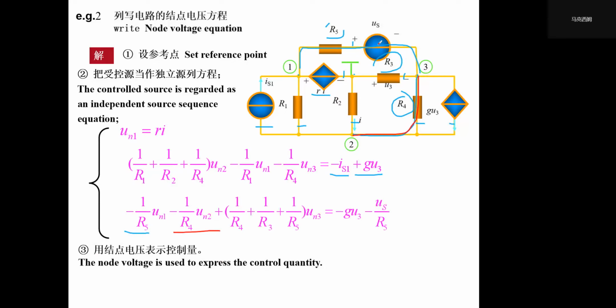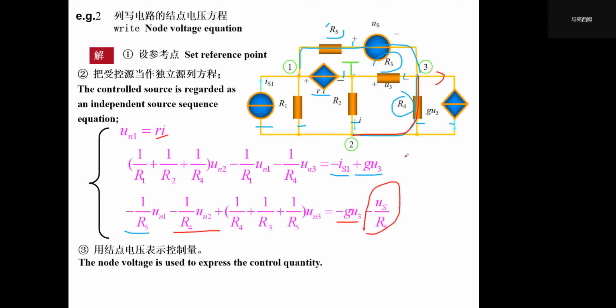We also have this current source flowing out of it, so we give it a negative sign. Also, we can replace this ideal voltage source with a current source with a current like this, and it also flows out of node 3, so we give it a negative sign.